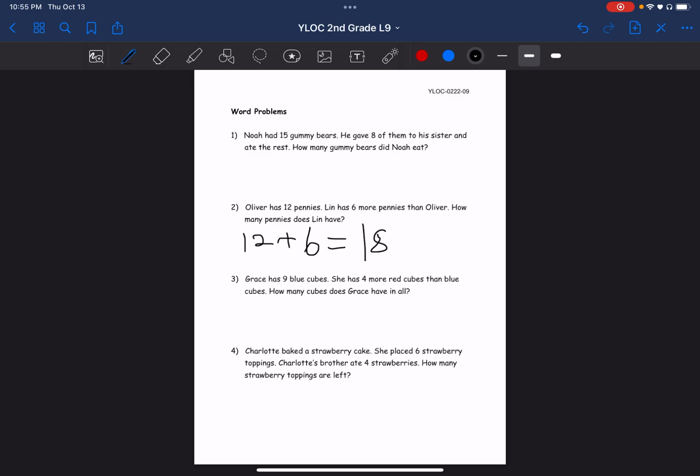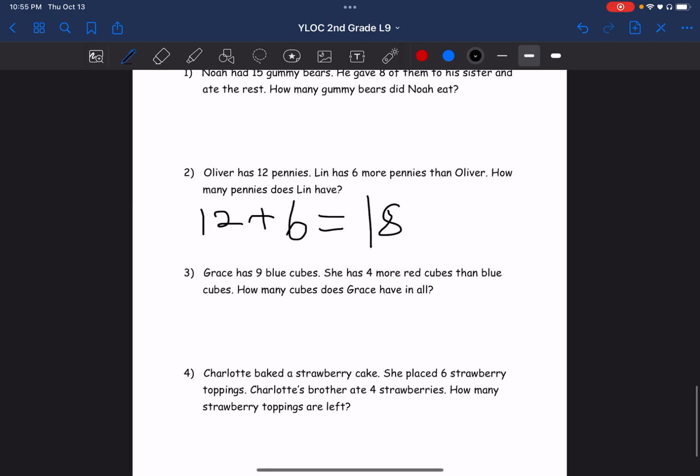Let's do 3. It's a little harder, but we can do it. So Grace has 9 blue cubes and 4 more red cubes than blue. How many cubes does Grace have in all? That all is important because we have to find how many red cubes there are and then add how many red cubes and blue cubes there are. So let's add 9 and 4 to find how many red cubes Grace has.